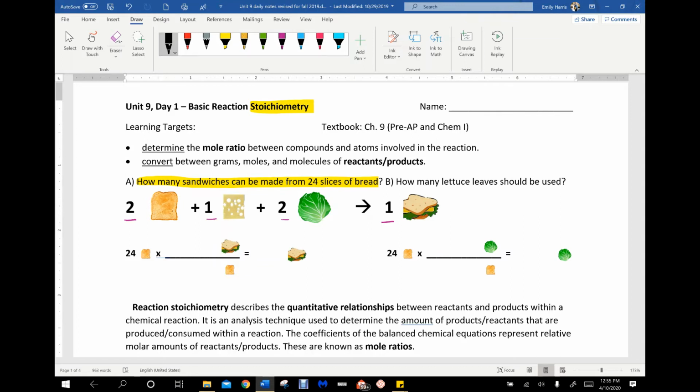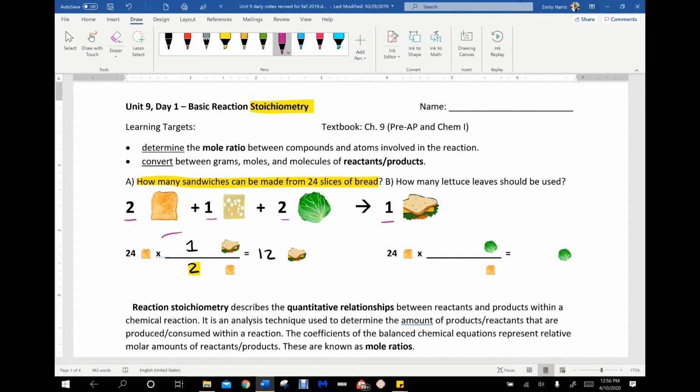So what we were doing is you were telling me that there were 2 slices of bread required to make 1 sandwich. If you remember, anytime that number is in the bottom of our fraction, we're dividing by it. So 24 divided by 2 is 12 sandwiches, all right?